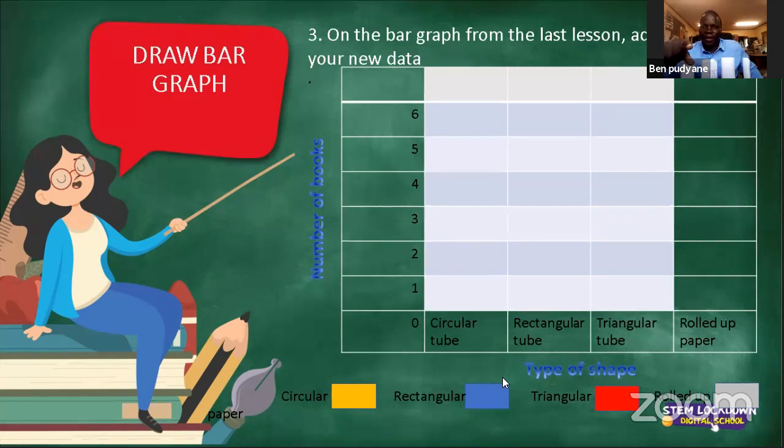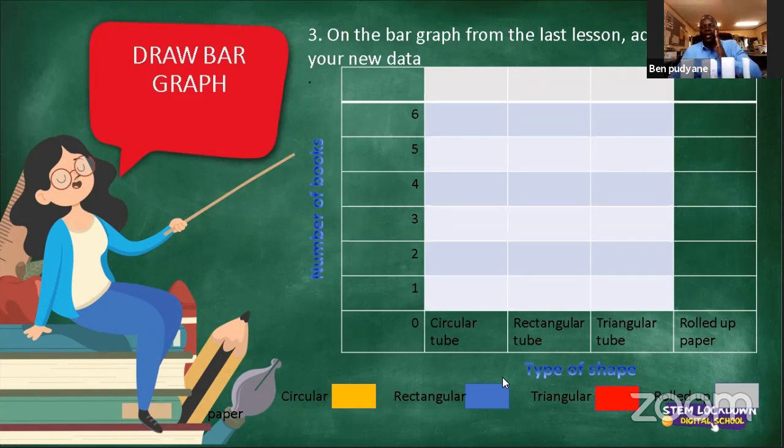Remember, on the graph, I told you yesterday that we have what we call the other side, which is straight from top to bottom. We're having the numbers 0 up to 6, but you can add the numbers, make sure that it is up to maybe 10, 12.